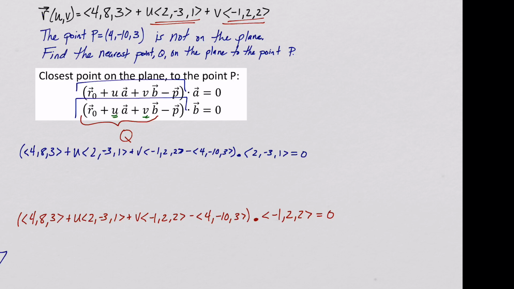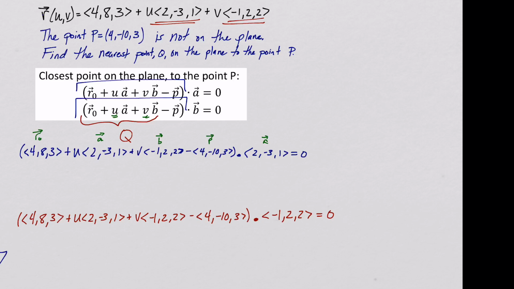And so what I've got here is R naught plus u times A plus v times B minus P, now written as a position vector, dotted with A equals 0. And it's the same thing down here in red, except, obviously, this direction vector that we're taking the dot product with is B. So I've left room just because now we're going to get into some algebra, right?